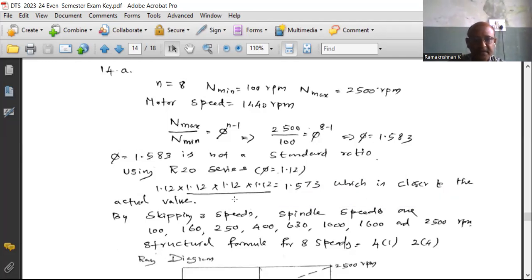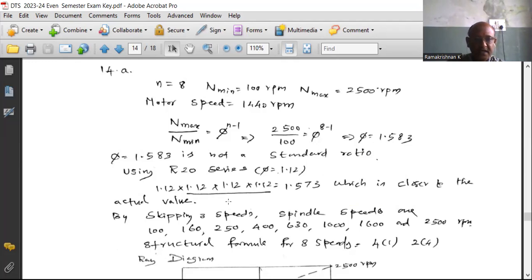So by trial, multiplying 1.12 by itself 4 times, we get 1.573. It is almost close to the required step ratio value 1.583. So we can fix the R20 series, but with the extra multiplication 3 times.